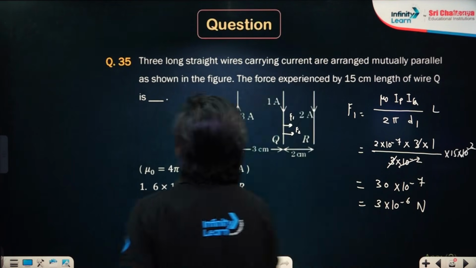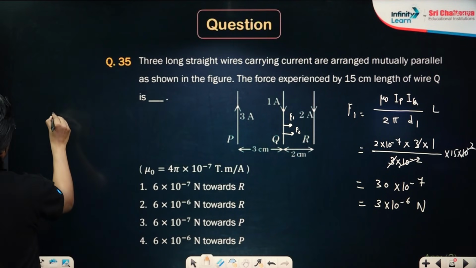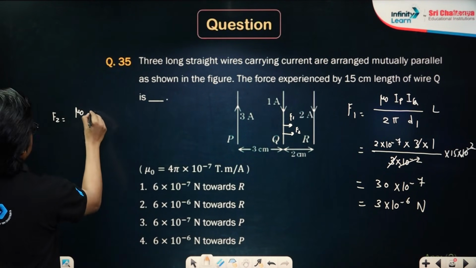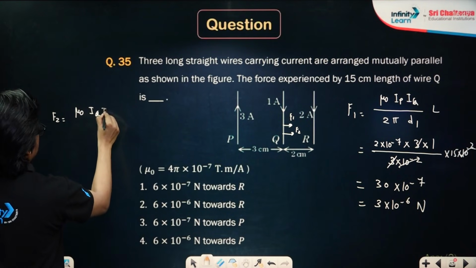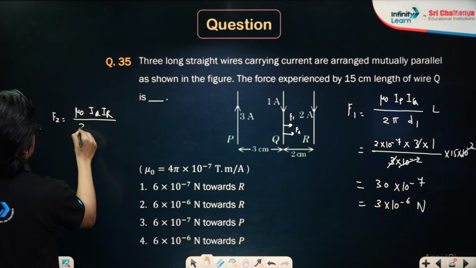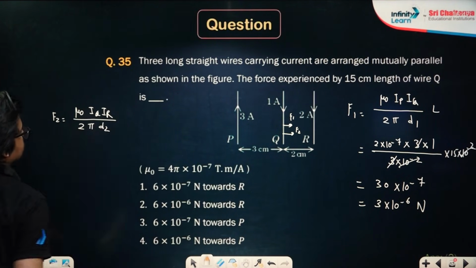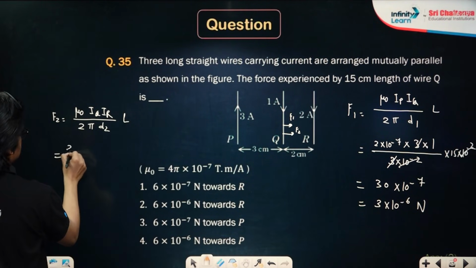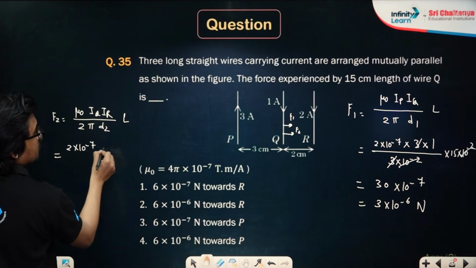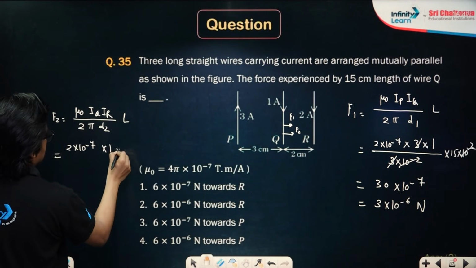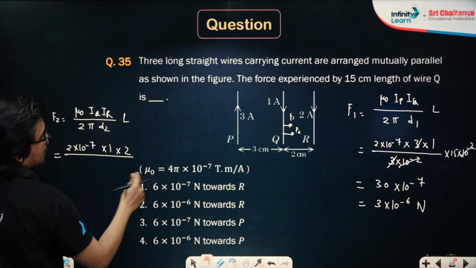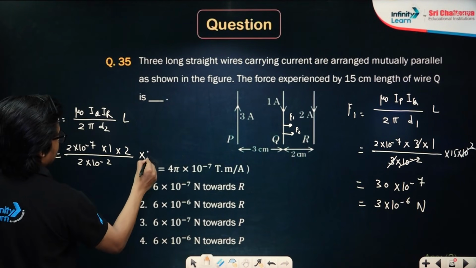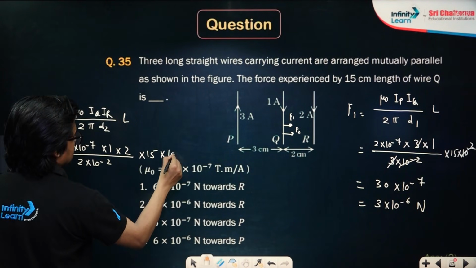What is F2 if I calculate? This F2 is equal to mu naught into IQ into IR divided by 2 pi divided by D2, into that length L. So mu naught by 2 pi, that is 2 into 10 raised to the power minus 7, IQ is 1, IR is 2, D2 that is 2 centimeters, so 2 into 10 raised to the power minus 2, into 15 into 10 raised to the power minus 2.